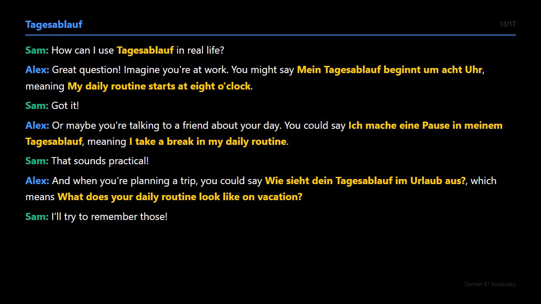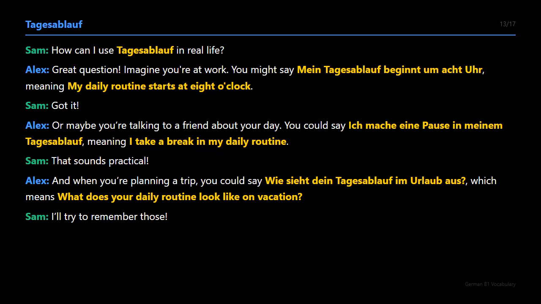You could say, Ich mache eine Pause in meinem Tagesablauf, meaning, I take a break in my daily routine. And when you're planning a trip, you could say, Wie sieht dein Tagesablauf im Urlaub aus? Which means, what does your daily routine look like on vacation?